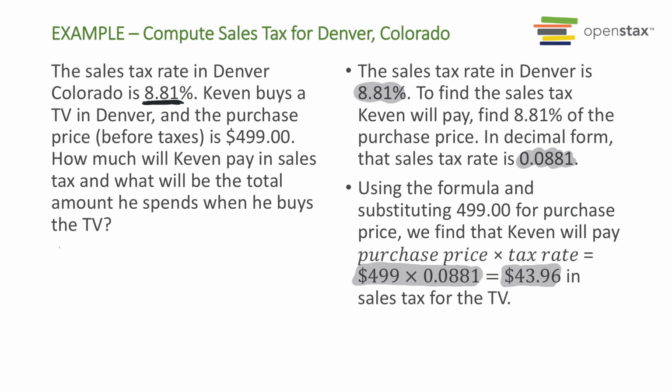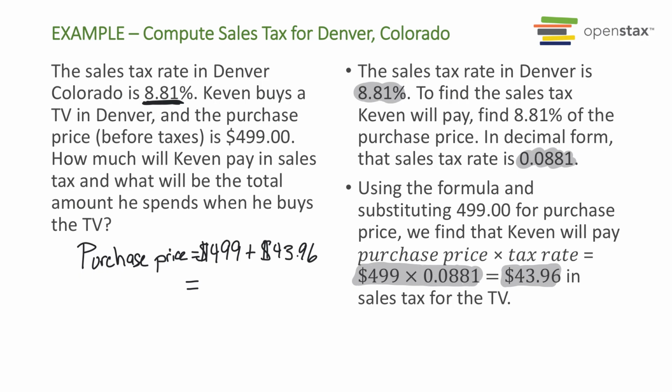Now what's going to be the total? Let me get my eraser. So what's going to be the total cost? So the purchase price is going to be the $499 plus the sales tax, which is $43.96.